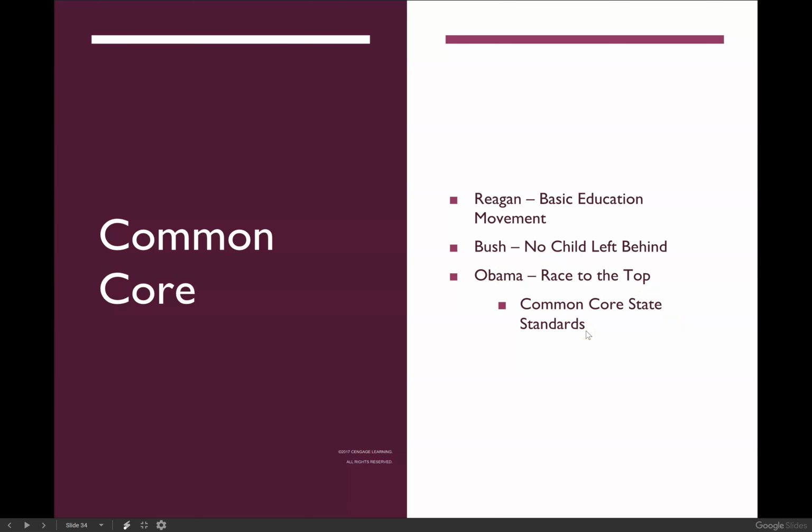And then Obama kind of came after that with the Race to the Top and Common Core standards. So you probably know some people, some teachers, some parents, maybe even yourself, know the controversy of Common Core. And this is kind of just a quick rundown of the timeline. We'll look at it more. You have the options of researching any of these historical events, movements, for your paper.